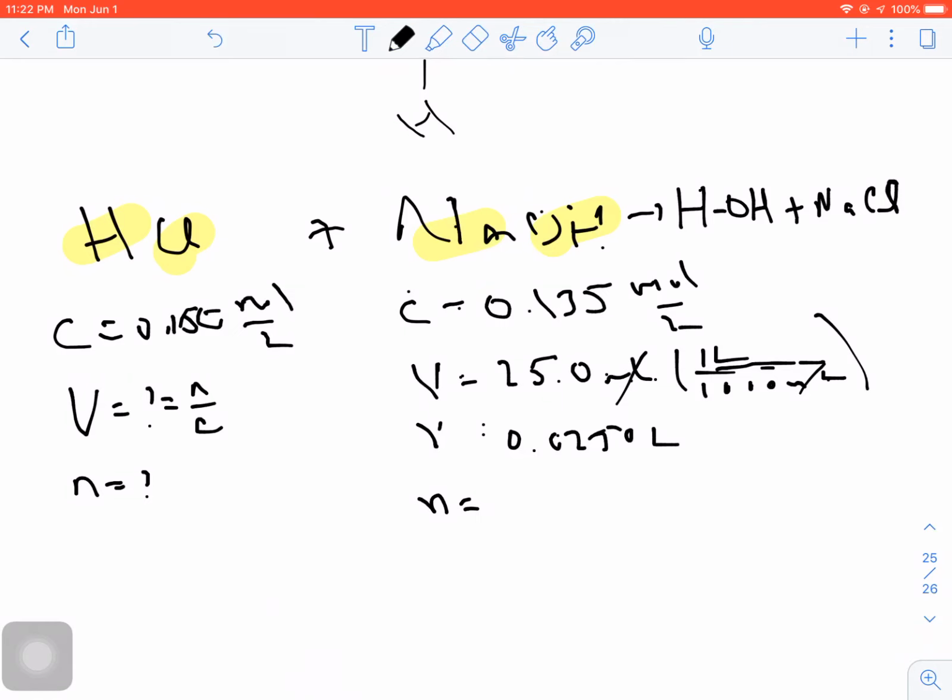Okay, so my number of moles here will be equal to my number of moles here, because that's what neutralization is. It's when the number of moles of base is equal to the number of moles of acid.